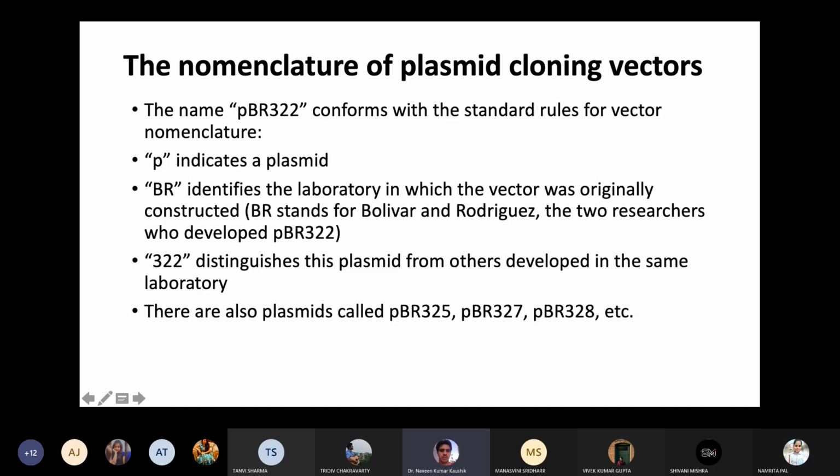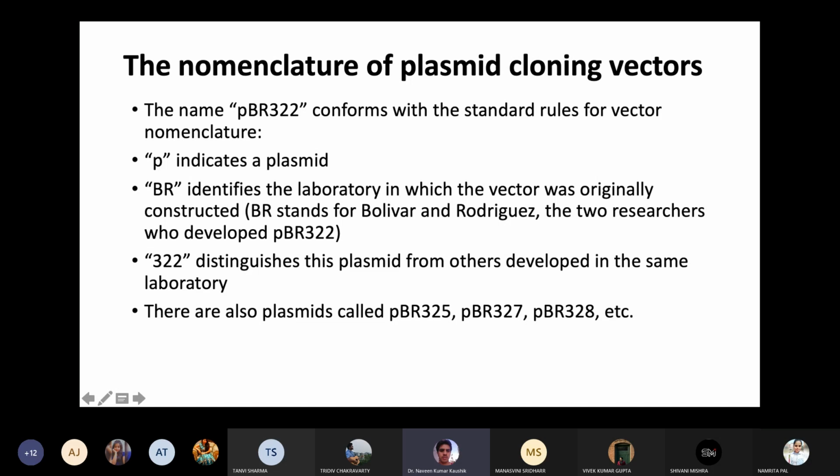So BR means the laboratory of Bolivar and Rodriguez, and 322 is the number, just to distinguish the plasmid from others developed in the same lab. In the same lab, 321 plasmids were developed earlier before they reached a successful plasmid, PBR322.